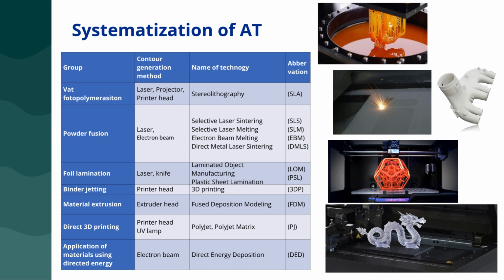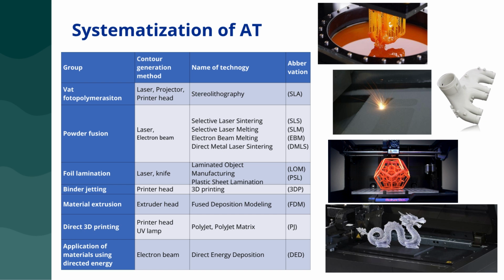Additive manufacturing technologies are classified into several categories, as shown in the table in the slides. The ISO and ASTM standards categorize these technologies into groups such as vat polymerization, powder fusion, foil lamination, binder jetting, material extrusion, direct 3D printing, and direct energy deposition.